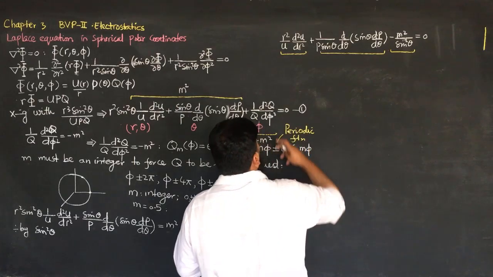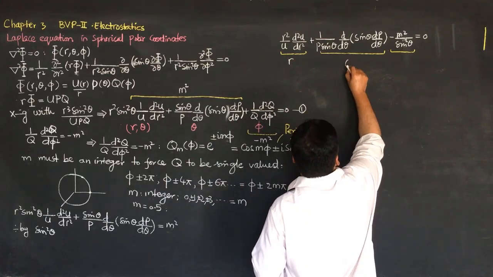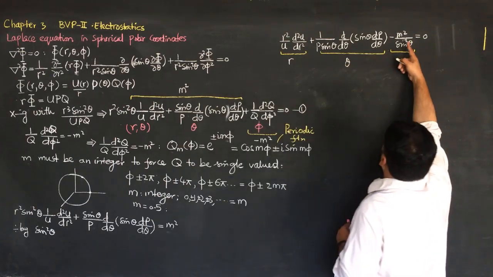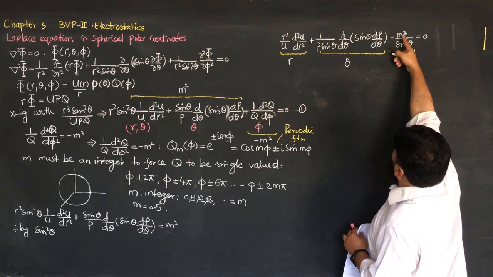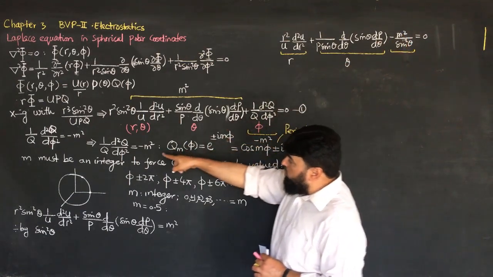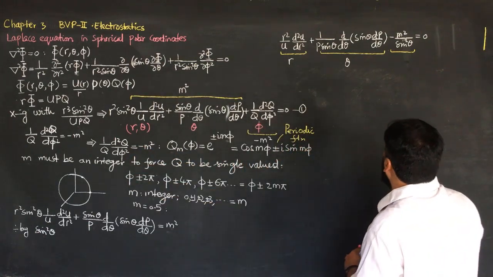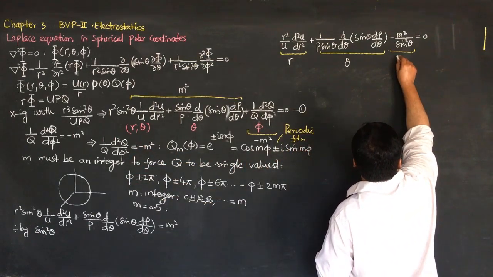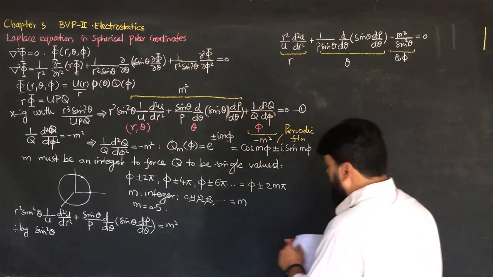So this one is now a function of r, this is a function of theta, and here it seems like only a function of theta, but we are having m square here, and m was actually a function of phi as well. So this one is actually theta and phi.